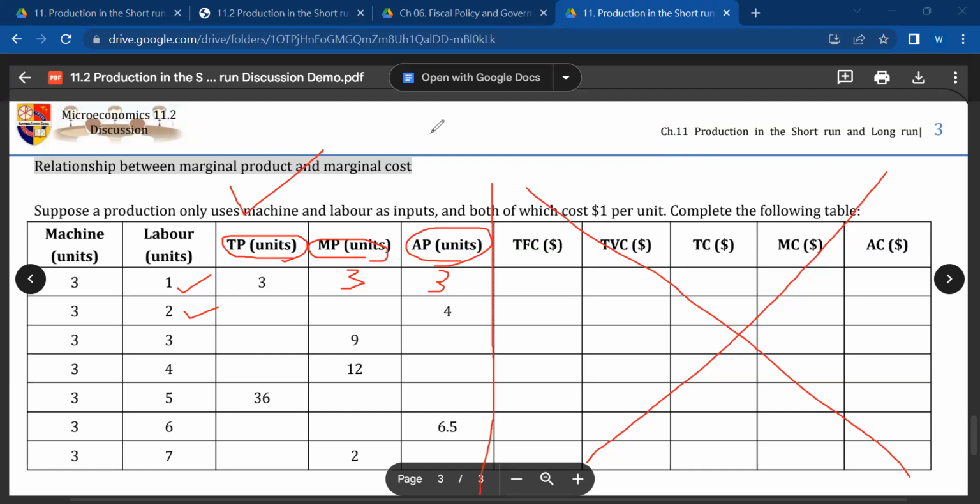TP is X and MP is 5. Okay, very good. TP is X because 2 neighbors have 4 AP, and MP is just X minus 3. So the answer is 5.